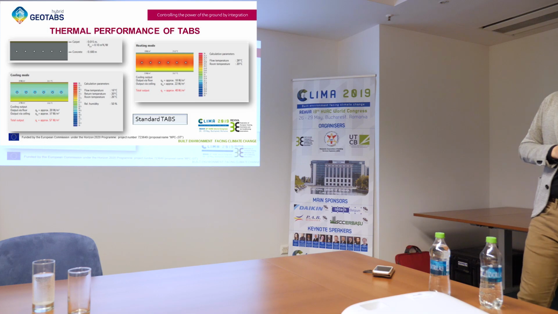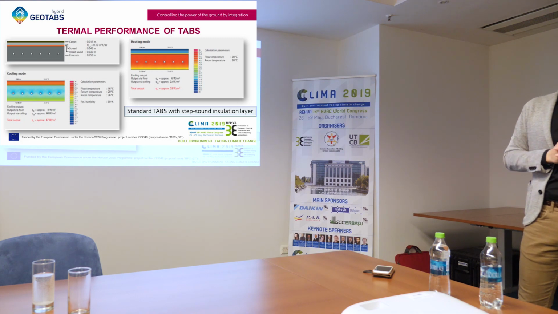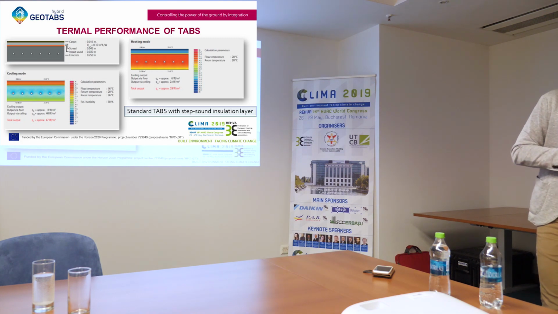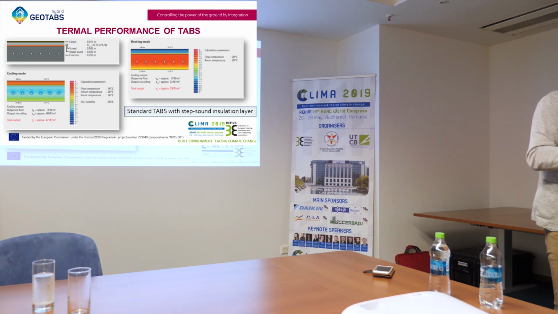So the second type of the standard type is TABS with some insulation layers. Why is this a second type? Because in most offices, you have smaller office rooms and big office rooms. And when it comes to TABS, you need to think about the echo effect. When you have a small room like where we are sitting now, you don't want people to hear too much echo when they talk.